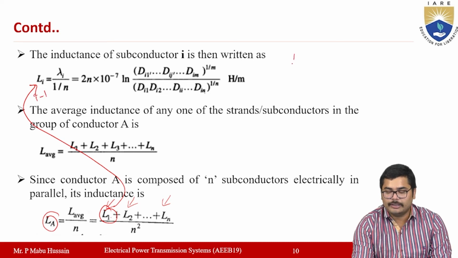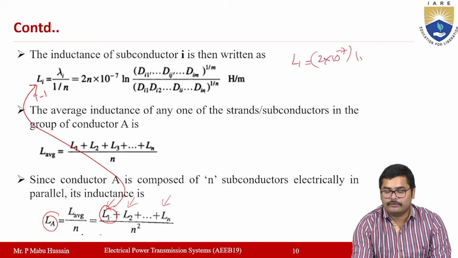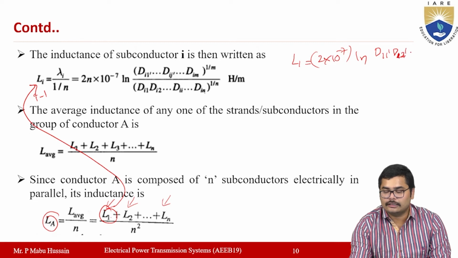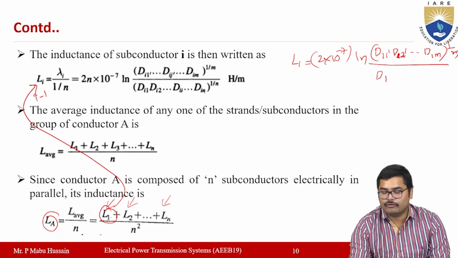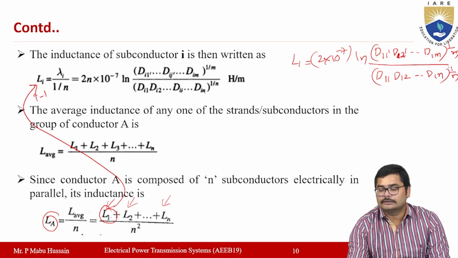So L1 will be equal to 2 into 10 to the power of minus 7 ln of d11 dash, d12 dash, like that up to d1m whole to the power of 1 by m, divided by d11, d12 up to d1n whole to the power of 1 by n. So this is L1.